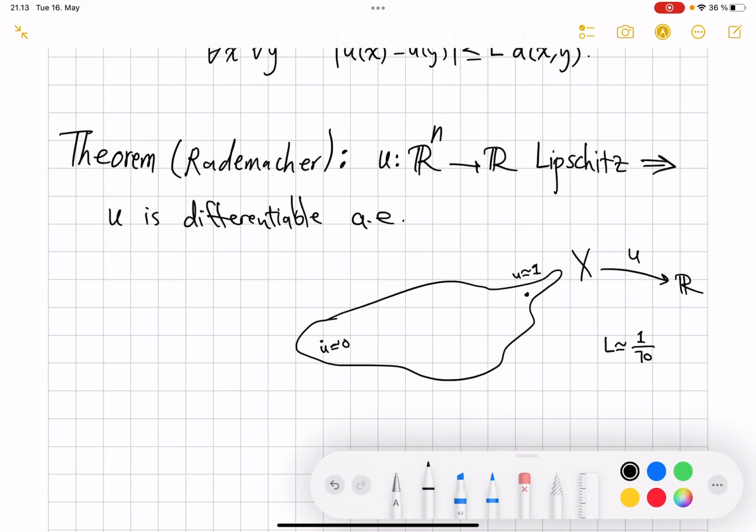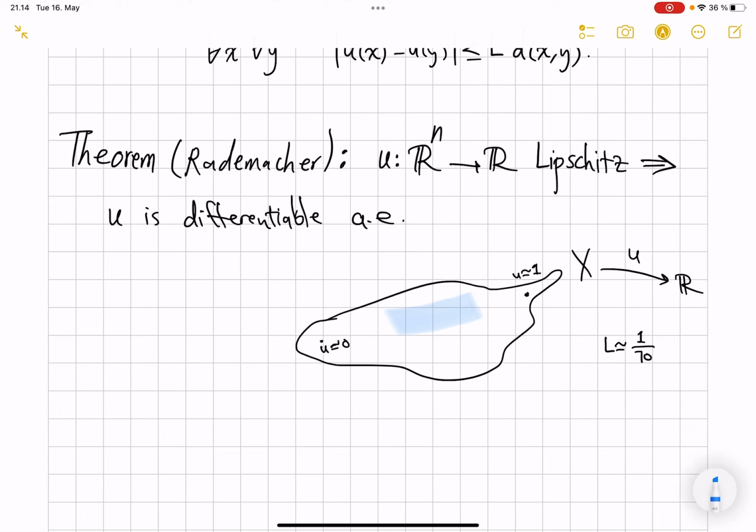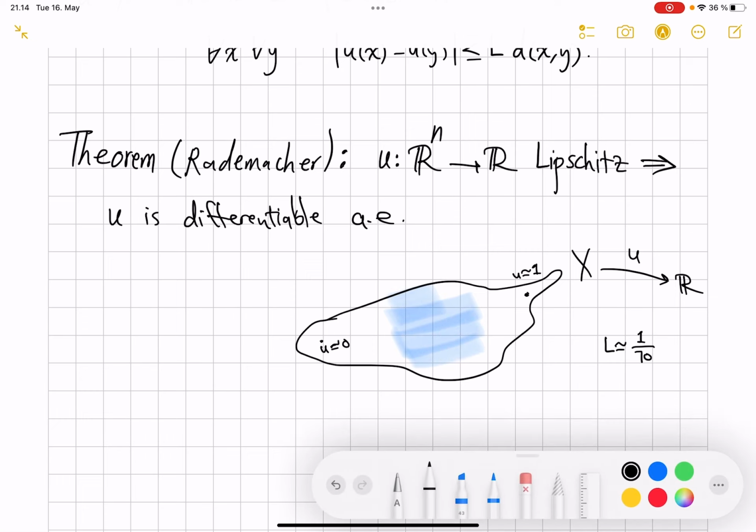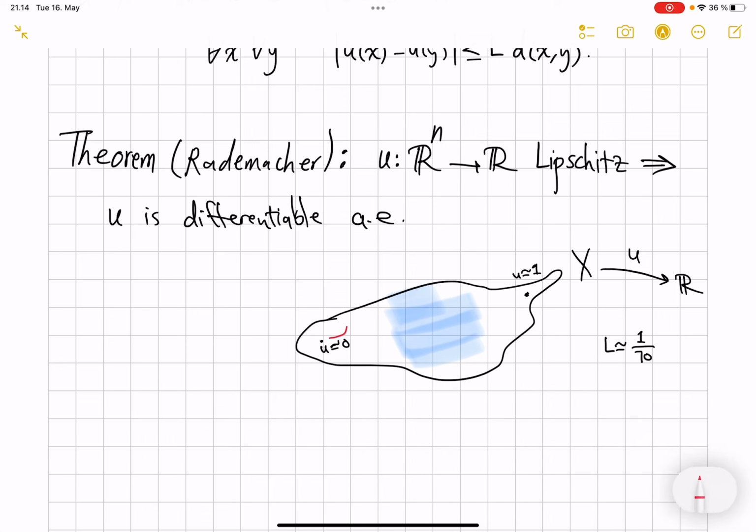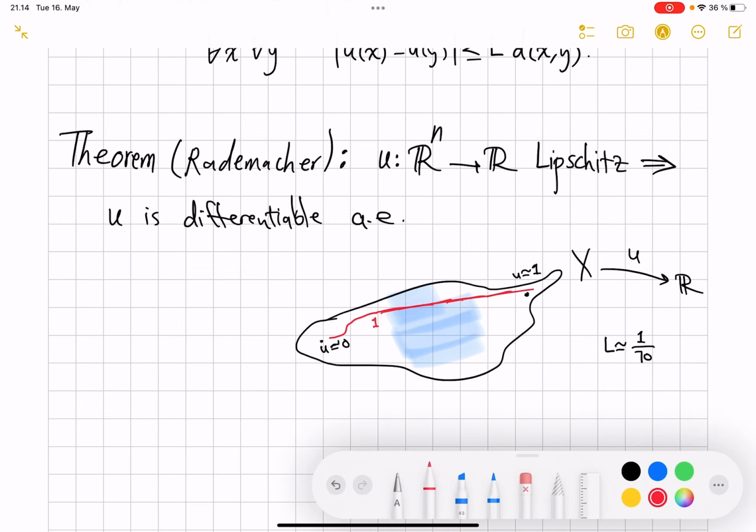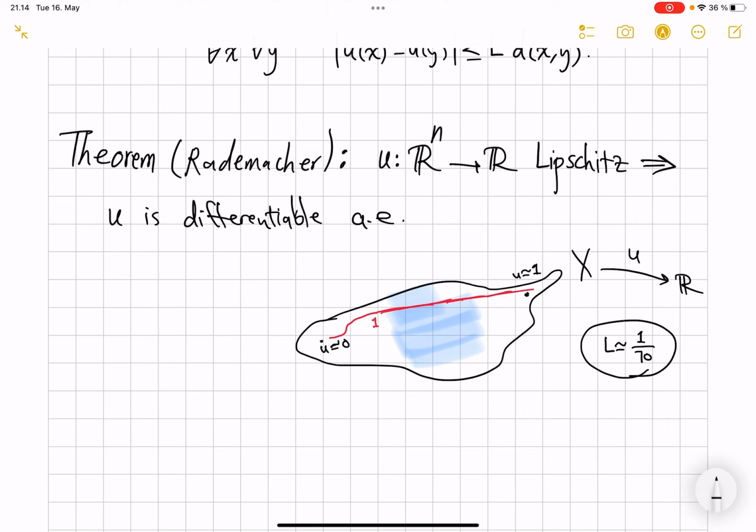But what if your function actually is much more constant, say intermediate here? For example, your function has a rise from 0 to values 1 on this part, and then from that part on it's pretty much constant for the rest of the space. So you don't want to say that your derivative is comparable to L, to 1 over 10 on this range.